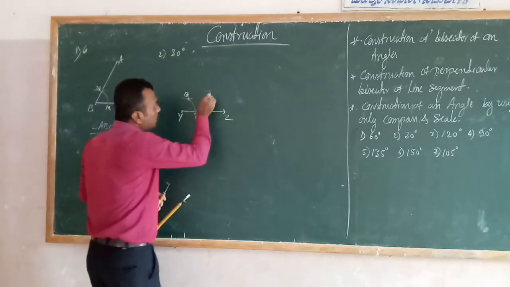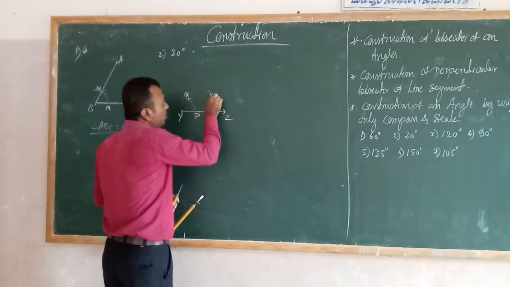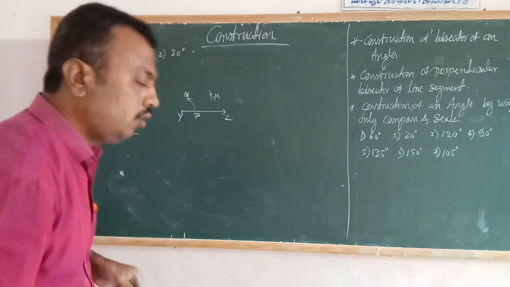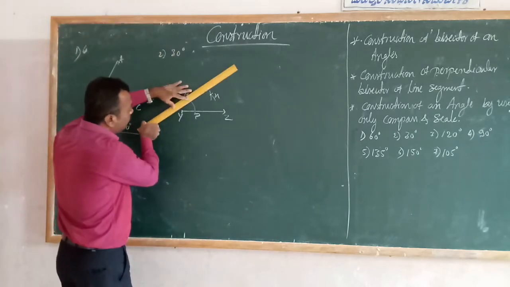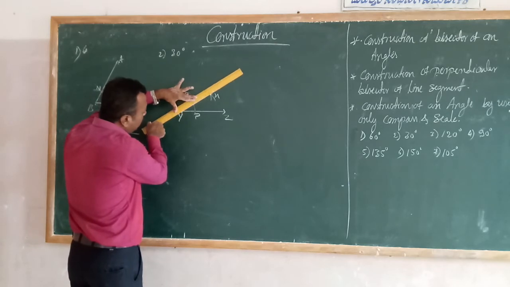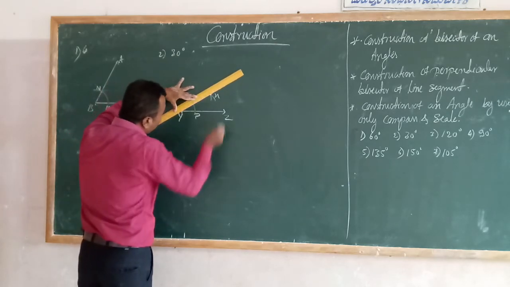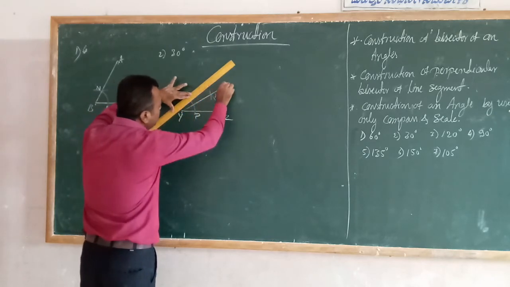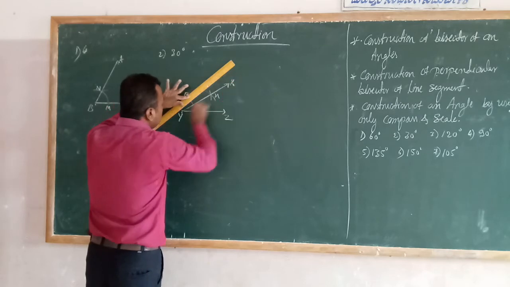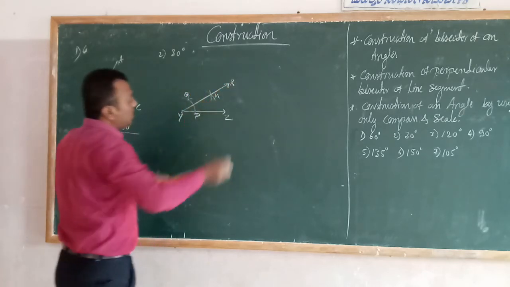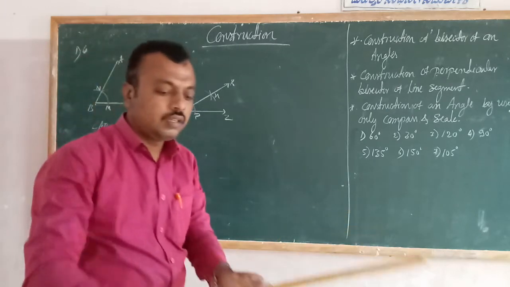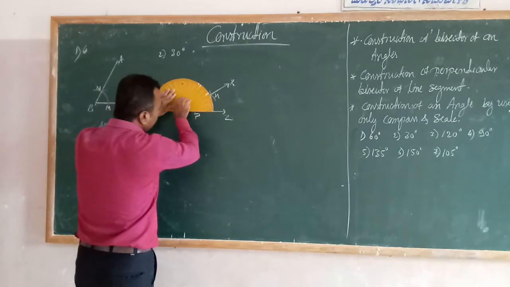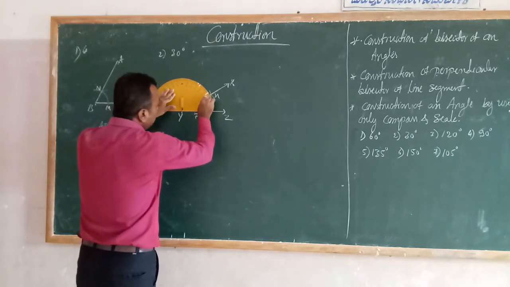This arc intersects at a point called M. Now we have to join Y and M. So this is X. X, Y, Z is called as what? 30 degree. So let me check it in the protractor. Yes, this is 30 degree.